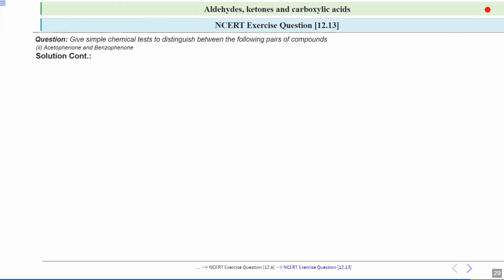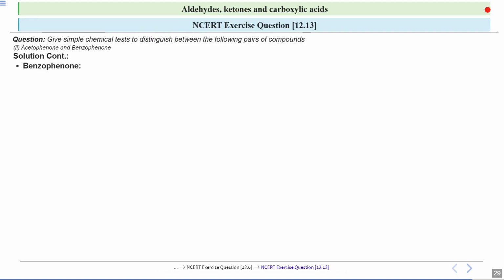Now, if we talk about benzophenone, it is a ketone where both the groups attached to the carbonyl are phenyl rings, which are just benzene rings. So benzophenone doesn't have a methyl group next to the carbonyl group. Instead, it has two phenyl groups, which makes it a diphenyl ketone.